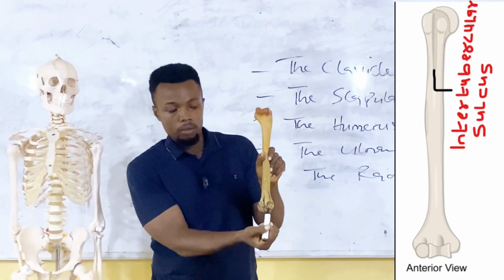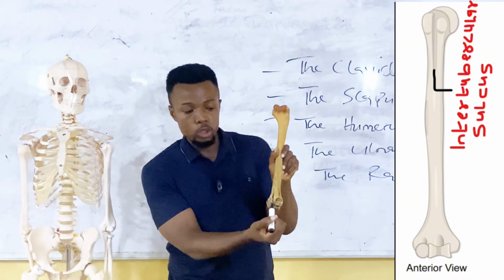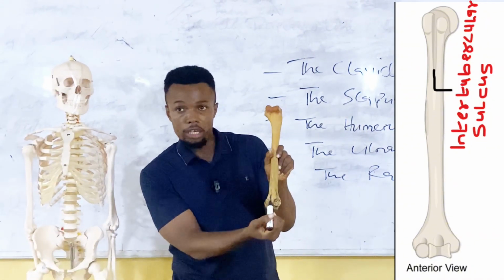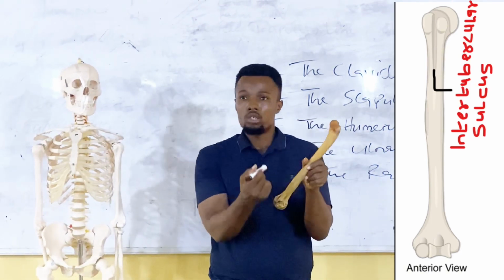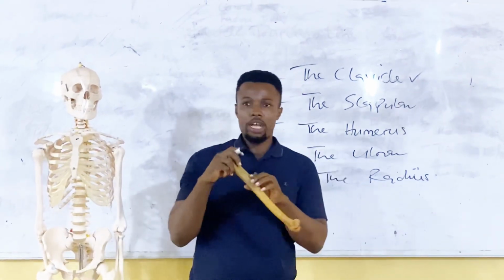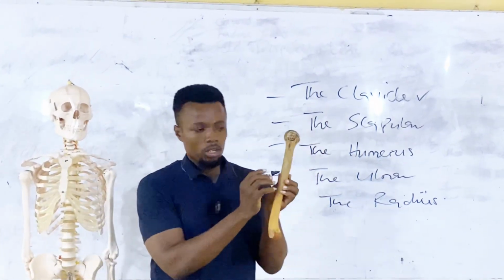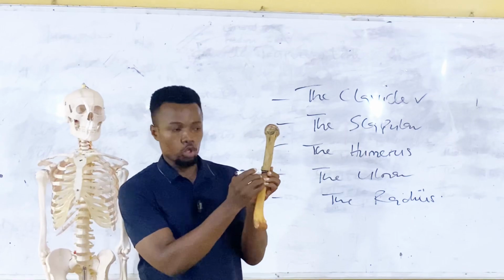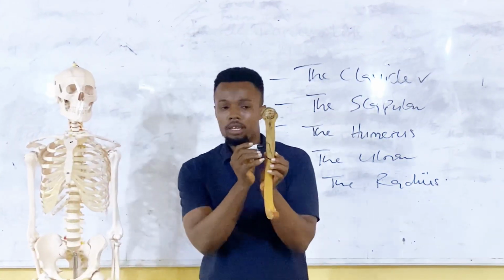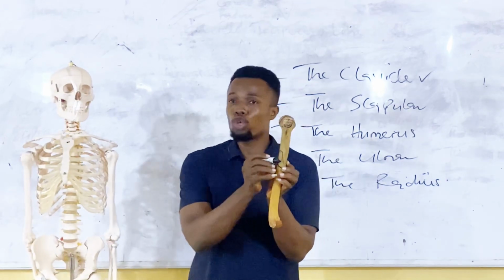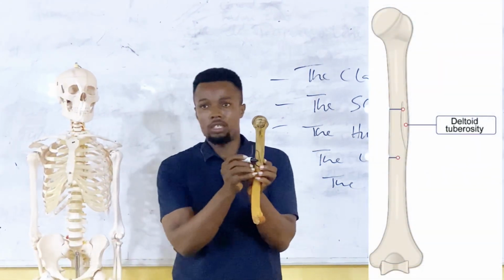You can see the greater tuberosity and the lesser tuberosity. In between the both of them, there is a shallow groove known as the intertubercular sulcus. Then coming to the body of the humerus, we have another protrusion here, and this protrusion is referred to as the deltoid tuberosity.